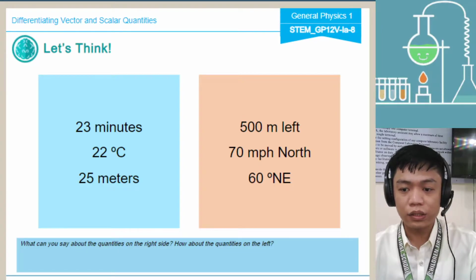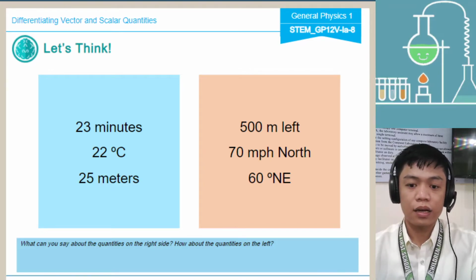Basically, we can compare that both sections have the same values, right? But the difference is that in the left part of the diagram, we can see direction. So how is this related to our lesson today?